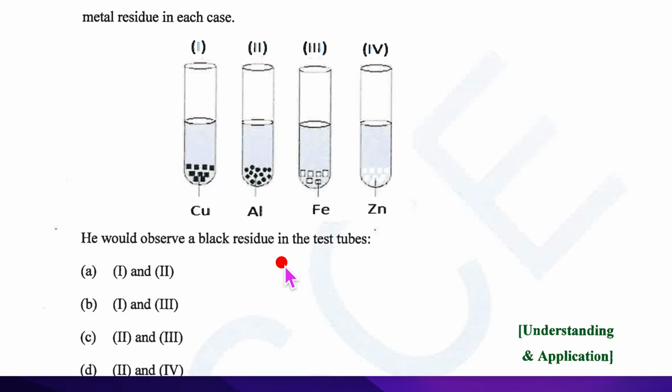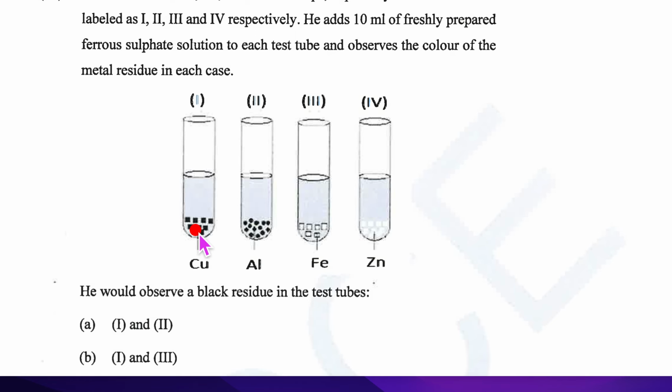Now remember, copper is below iron. So if I have FeSO4, copper will not displace that Fe because copper is placed below iron. So you need to know your activity series by heart, and you have to know how to use it effectively. This copper will remain copper only. It will not have black residue.